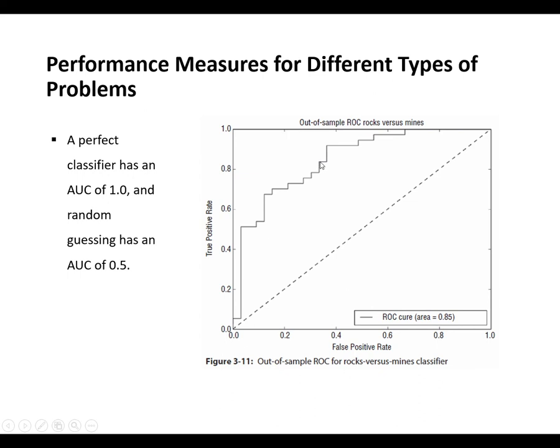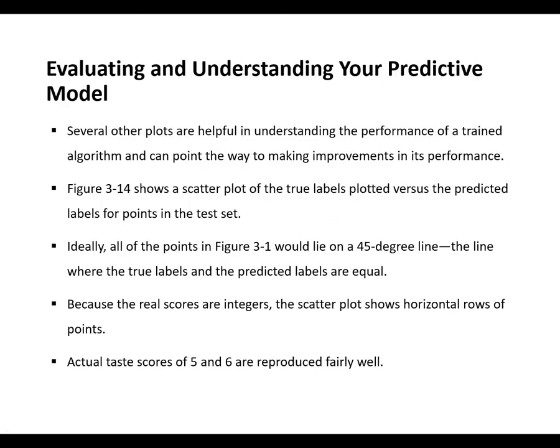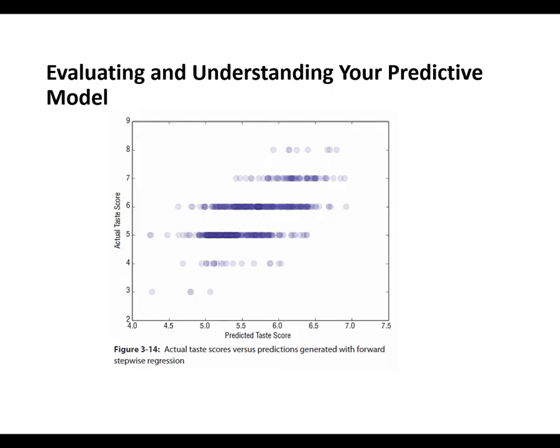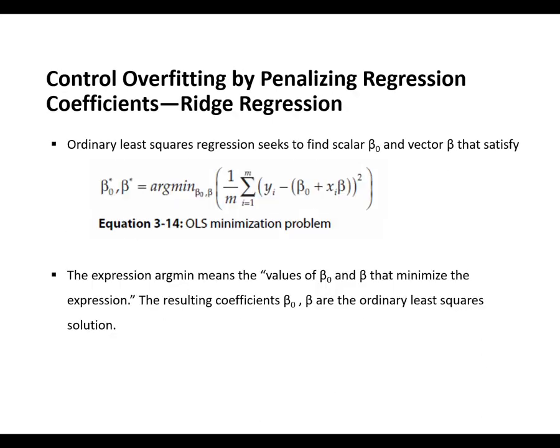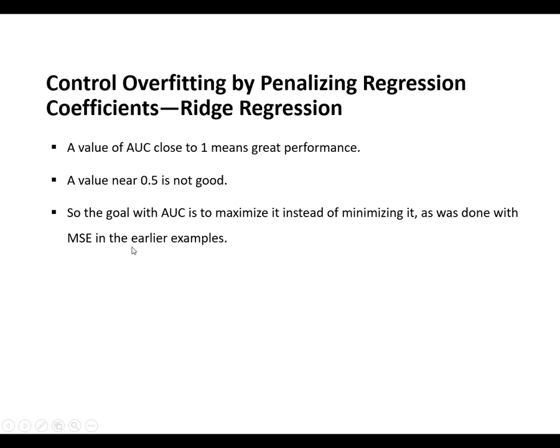So if this ROC curve goes below this, the ROC curve area will come down to less than 0.5. That definitely indicates that there is some error in the model or in the algorithm that is implemented. So the goal with AUC is to maximize it instead of minimizing it. That means we want to maximize the area under the curve rather than minimizing it, as was done with mean squared error in the earlier example.